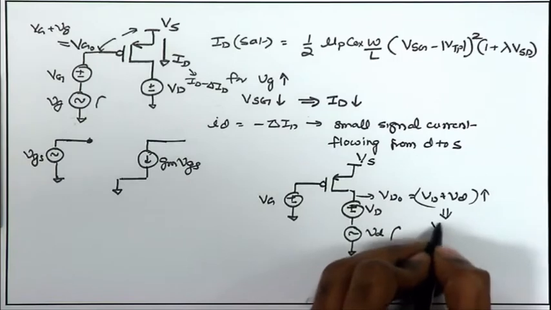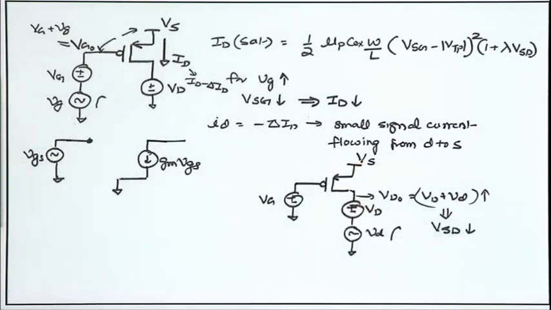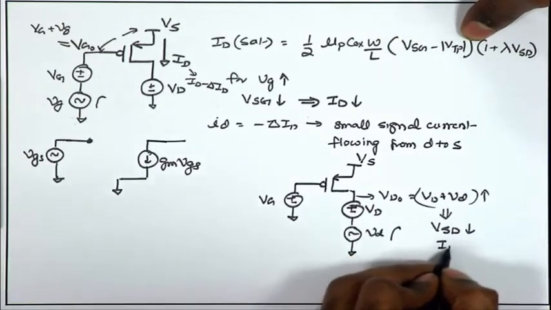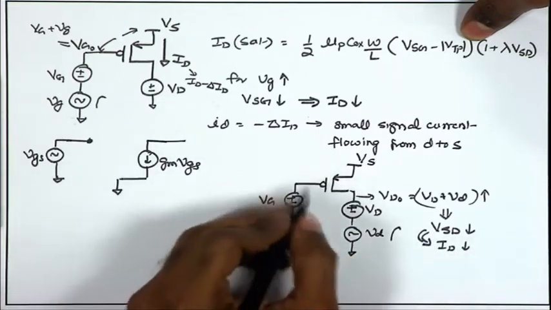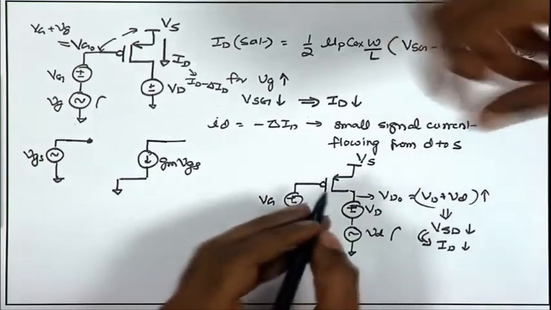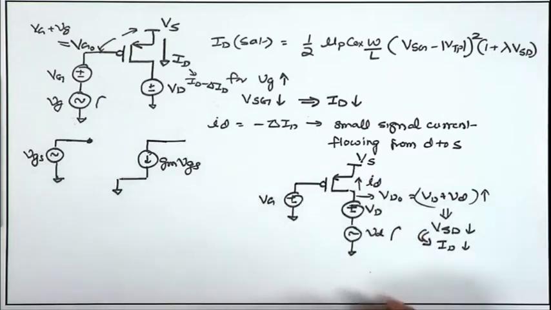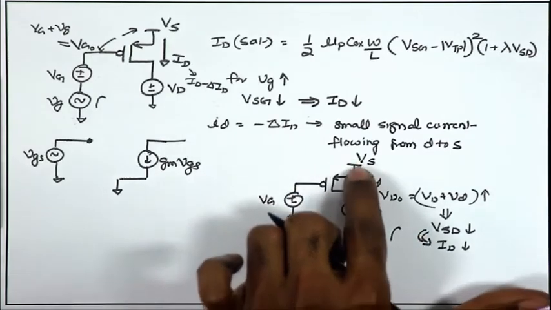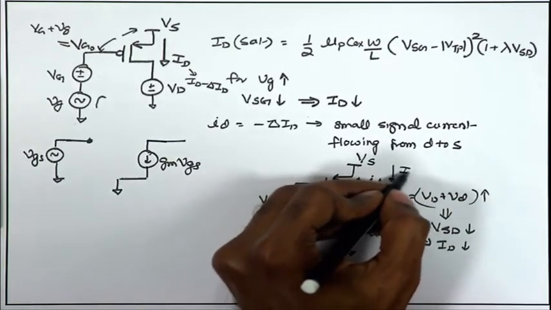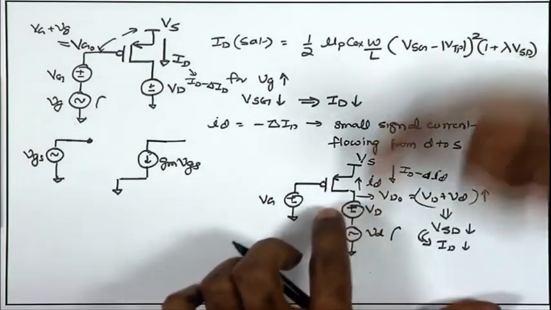That means Vsd is going down, and therefore this equation once again tells us that the DC current Id will go down. The way we have defined the small signal current flowing from drain to source, that becomes positive because Id is reducing. So, Id is becoming Id minus delta Id in this direction.